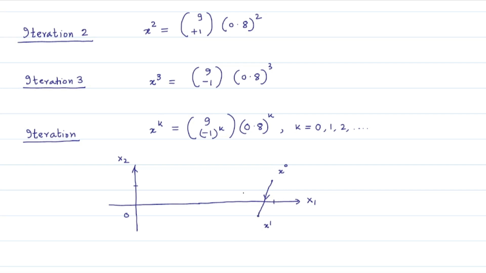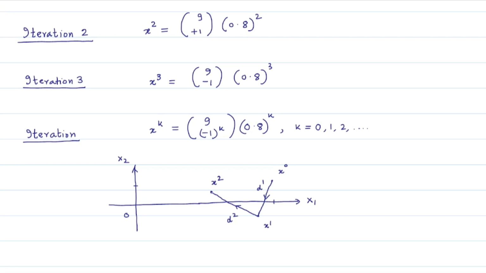Then we look at the point x2. x2 has coordinate 9 times (1, 1) times 0.8 square, so it will be above the x1 axis somewhere over here. Here is the location of x2. Now you join x1 to x2. This is the direction along which we moved to find the iteration x2.